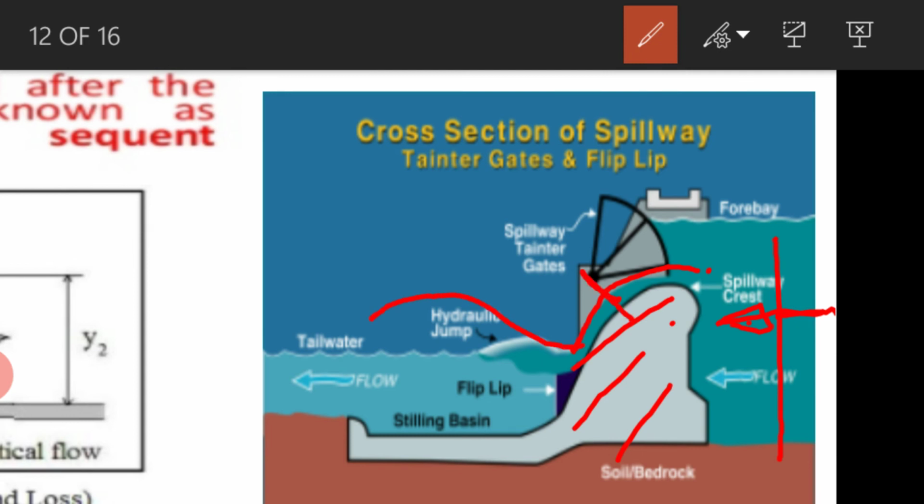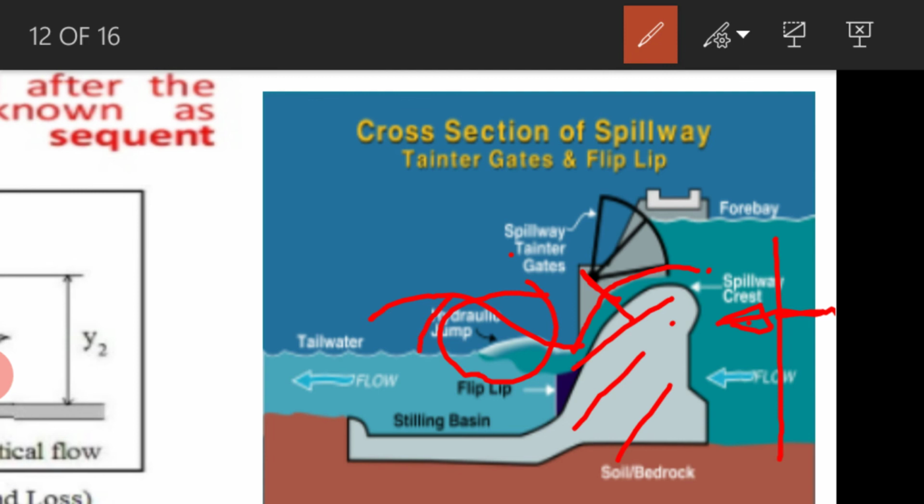Then it jumps like this, which is called hydraulic jump. Because of the hydraulic jump, some energy loss takes place because of the creation of eddies or turbulence on the downstream side of the flow.